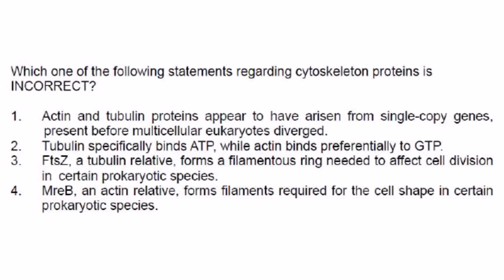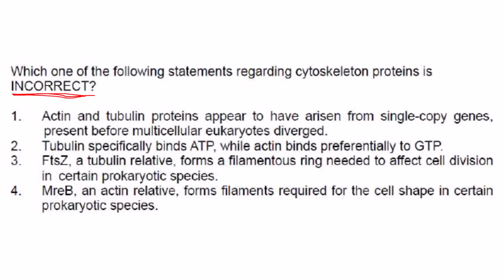Now next one. Which of the following statements regarding cytoskeleton proteins is incorrect? Okay. Now they have asked for the incorrect statement. Actin and tubulin proteins appear to have arisen from single copy genes present before multicellular eukaryotes diverged. That is a correct statement.